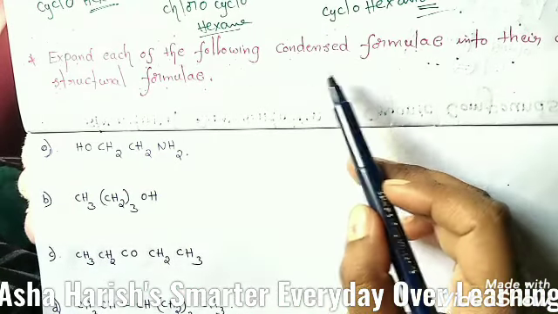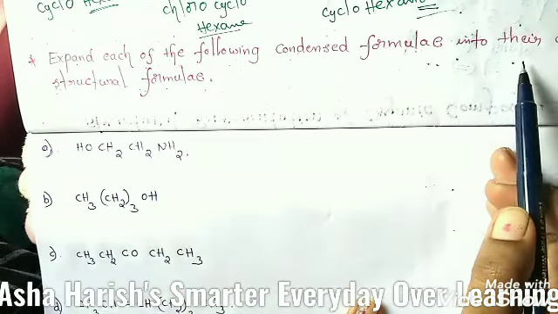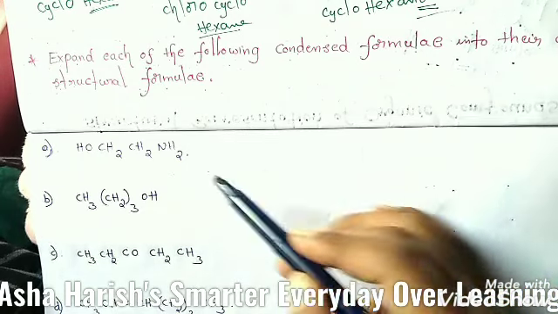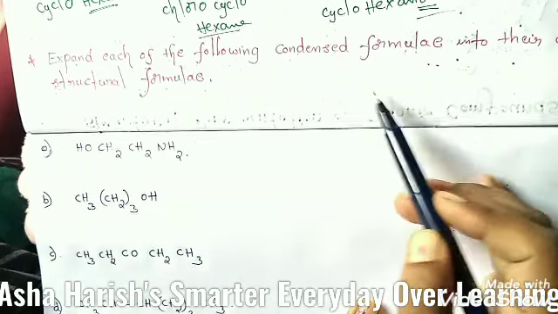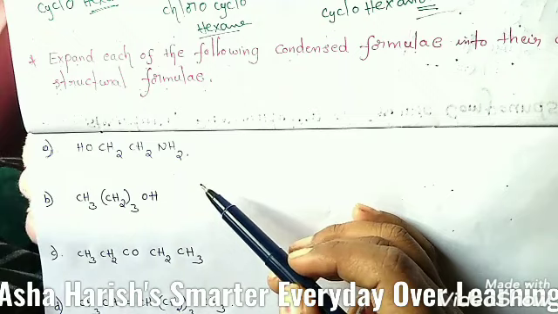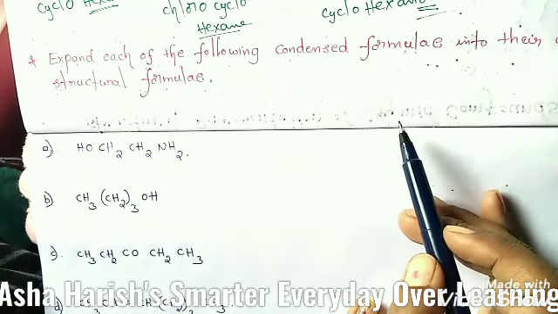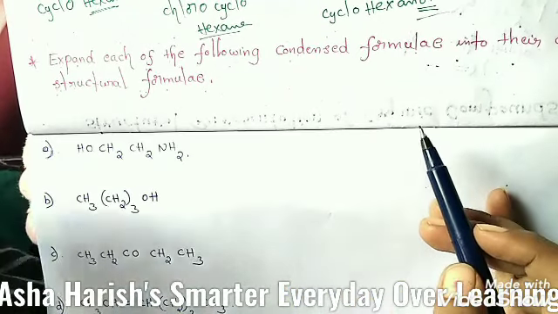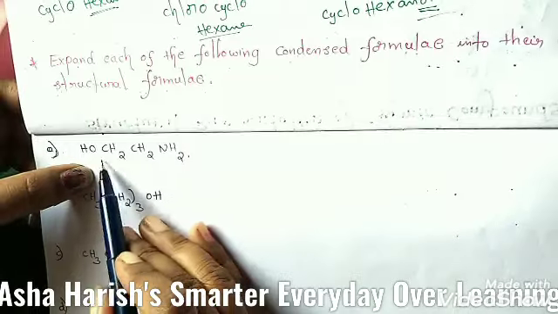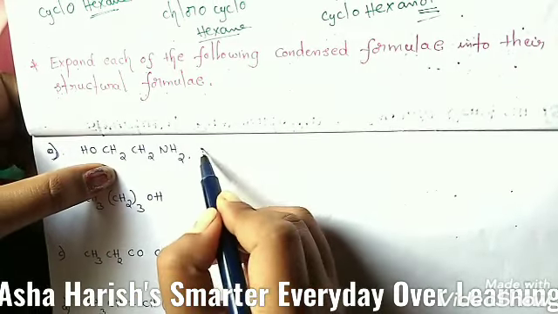Expand each one of the following condensed formulae into their complete structural formulae. Right, they have given some condensed formulae, and you need to change these into the complete structural formulae. Let's see the first one, option A, HO, CH2, CH2, NH2.